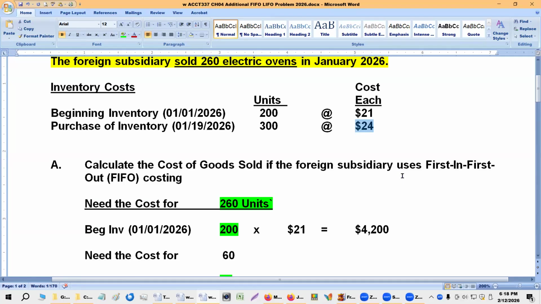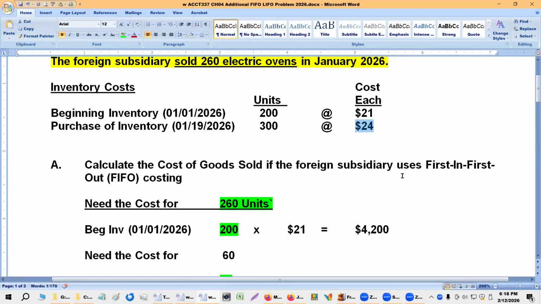Now, this is definitely not how goods flow. Again, notice something that was sold on January 3rd could not have come from something we purchased on January 19th. It wasn't there. But economists, theoretically, the 24 is the better number.